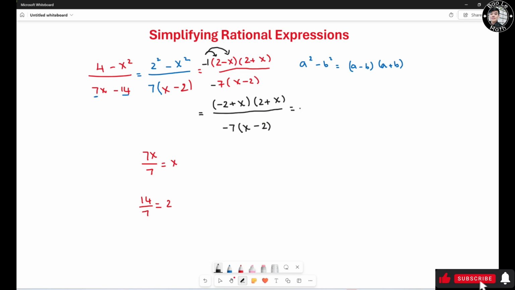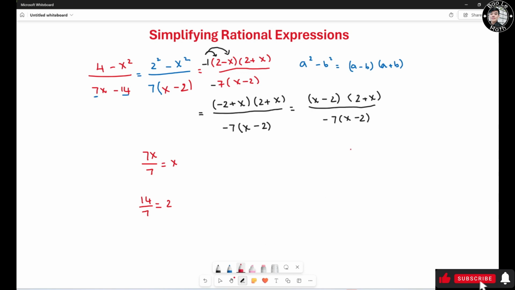Now the numerator, -2 plus s is the same thing as s minus 2, times 2 plus s, over -7 times s minus 2.